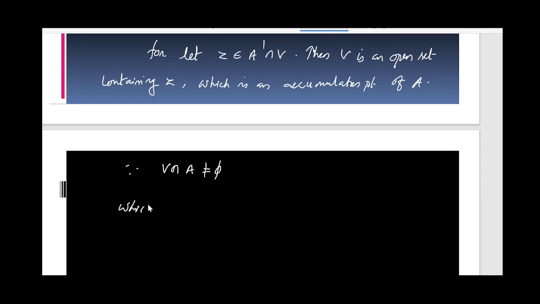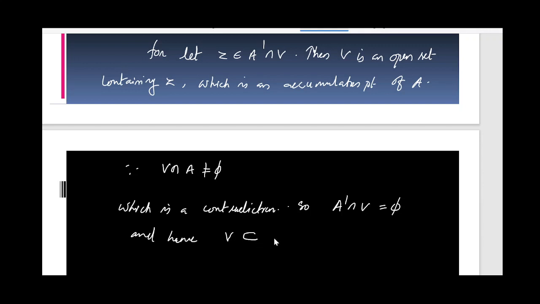So A dash intersection V is also empty, and hence V is contained in X minus A union A dash.